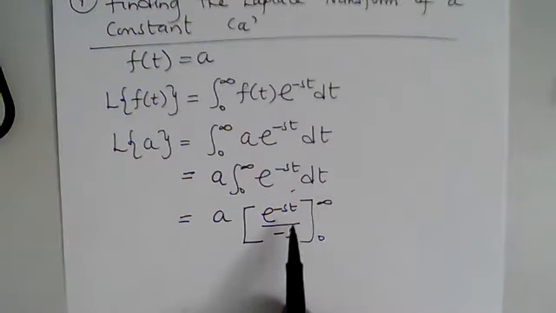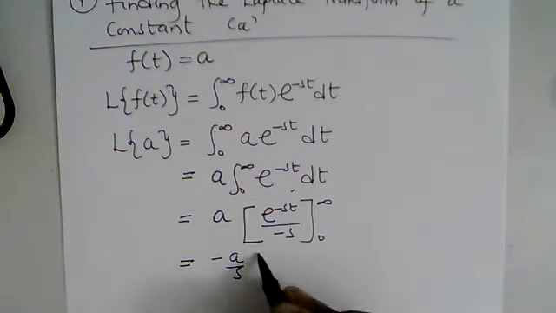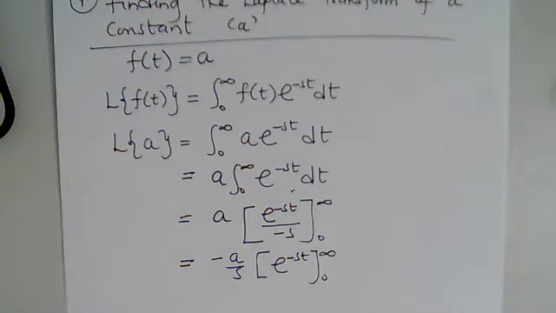Let's take note that the variable we're actually considering is t. It means that this minus x is actually not important here, so we can pull it out. So we can pull this out and have minus a over x outside, and then have e to the power minus st.